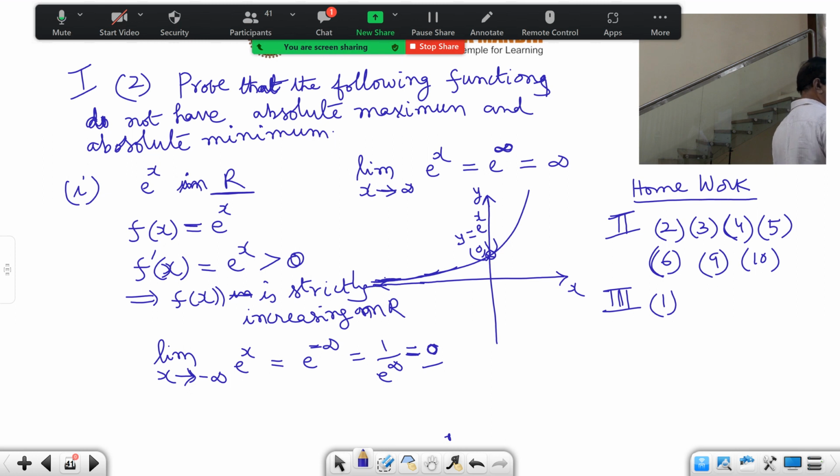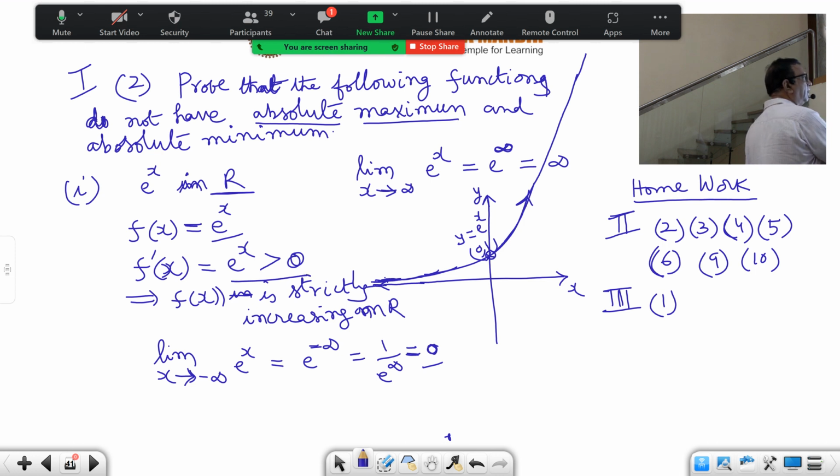Therefore, there is no minimum value. Similarly, on the right side, the graph is rising and it will rise up to infinity. So, there is no maximum value also. In the entire domain R, there is no maximum value, there is no minimum value. Absolute maximum, not local maximum. There are no local maximum or local minimum either, because this is a differentiable function and the derivative is never 0.